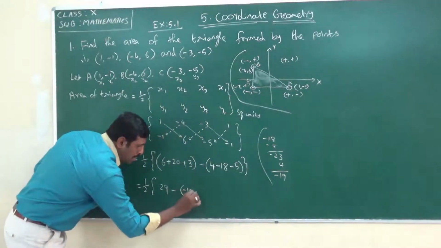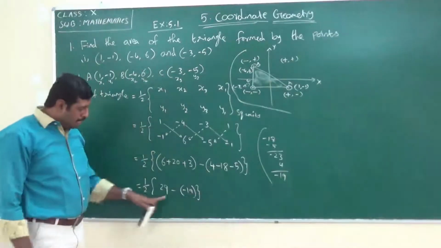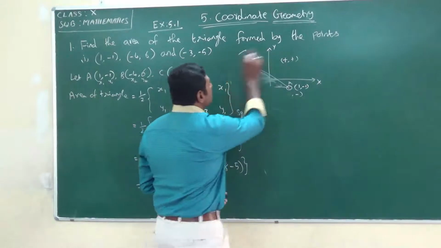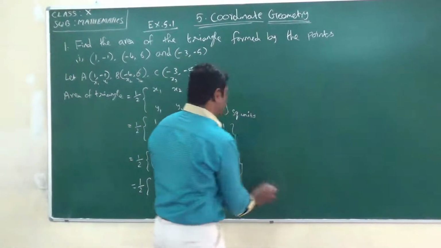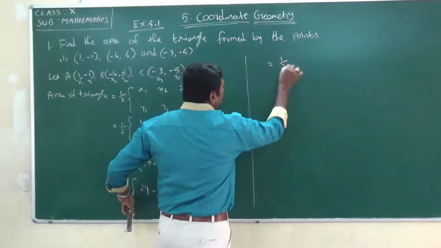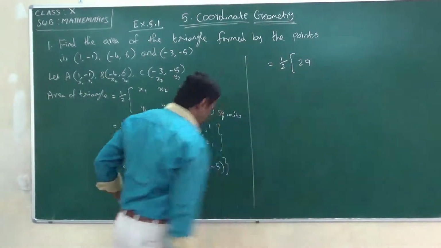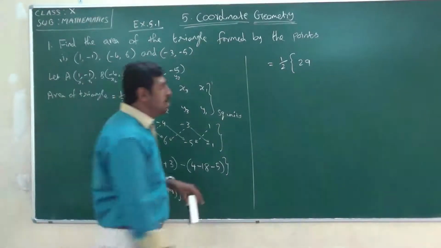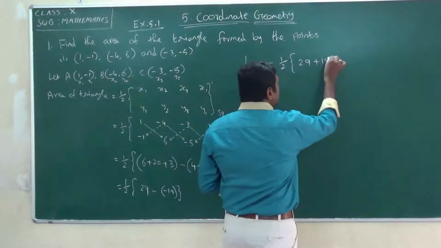So minus 19. Next step, remove the bracket. This term is equal to half into 29. If you remove this bracket, we get minus of minus. Minus into minus is plus, and then 19.